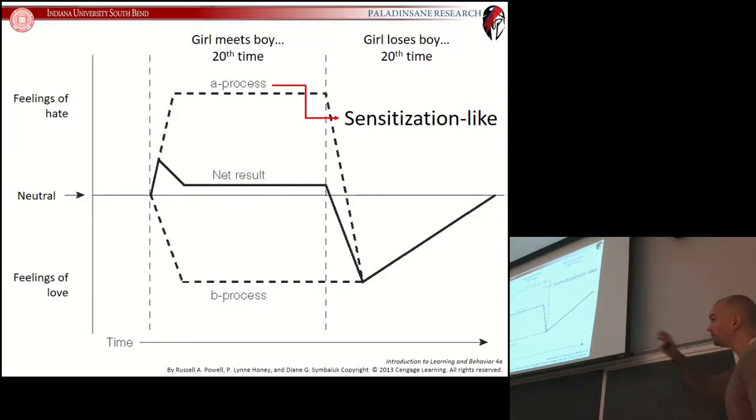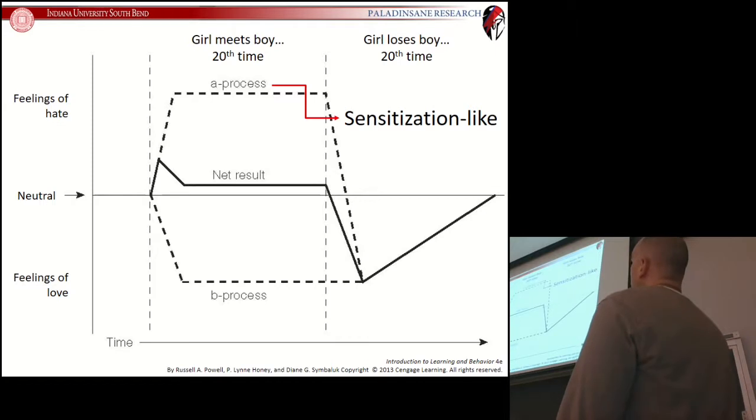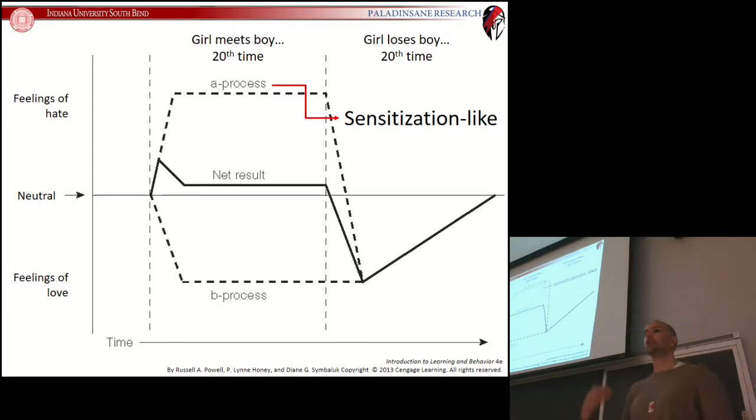All right, so we include this here because the A process and the B process, you can think of them as sensitization-like and habituation-like. So the A process is kind of like sensitization-like. You keep presenting the stimulus, and you keep having that high reaction. That's the part of this that is like a sensitization process, where you present a stimulus, and your reaction to it goes higher and higher and higher.